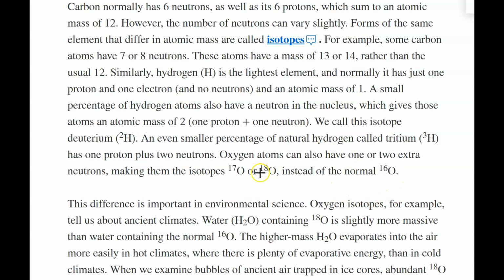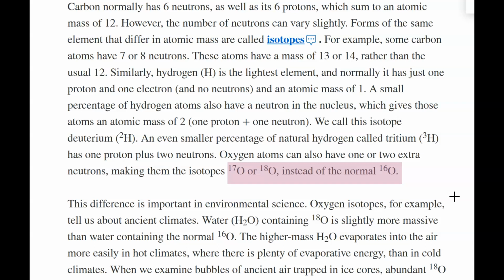So as you can see here, oxygen has 3 isotopes, which are called oxygen 17, oxygen 18, and oxygen 16. Guess which isotope of oxygen is the most abundant?